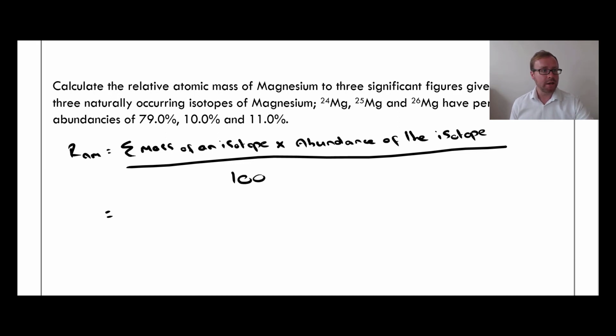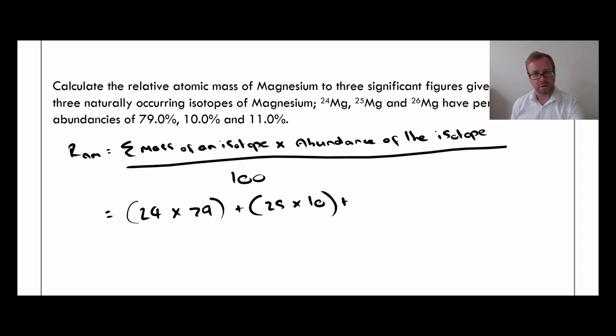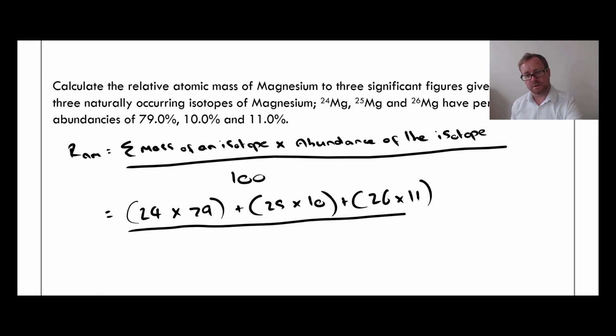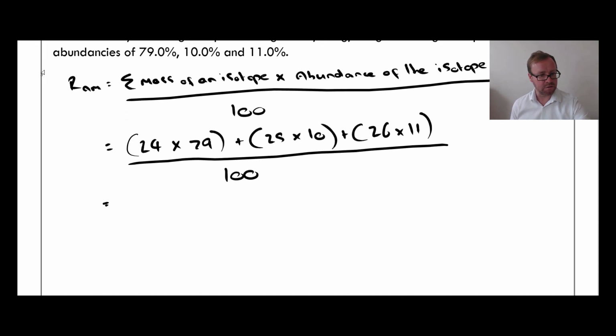I'm going to take the mass of the first isotope, 24, times its abundance, 79, plus the mass of my next isotope, 25, times its abundance, 10, plus the mass of the last isotope, 26, times its abundance, 11, and I'm going to divide by 100, and that gives me a value of 24.32.